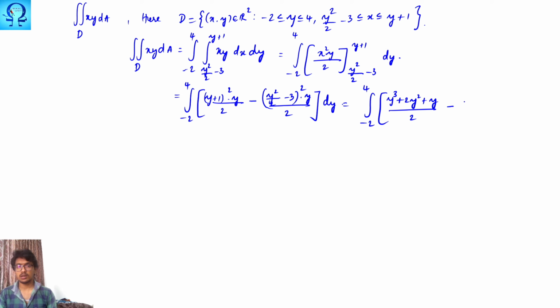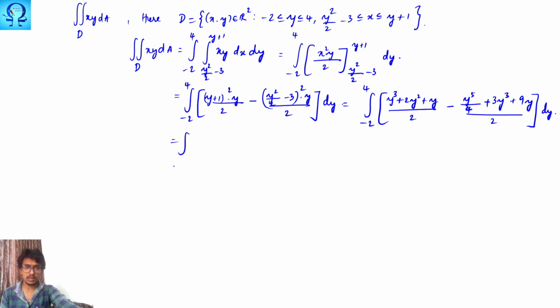So when you square it, it is going to become y power 4, and when you multiply it with y, you are going to get y power 5 upon, you have squared it, so you have upon 4, and actually you have minus, and when you take this minus inside, you are going to get plus. 2 times of 2 and 2 gets cancelled, it is going to be 3y squared, and you are multiplying that with y, so it is going to be 3y cube. Then this 3, when you square it, you are going to get 9, and 9 multiplied with y gives you 9y upon 2.